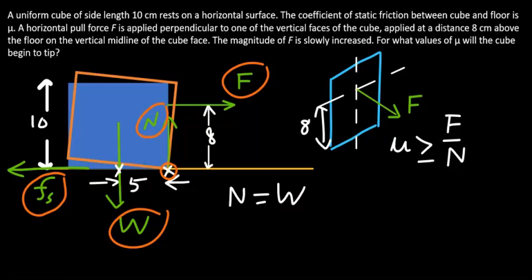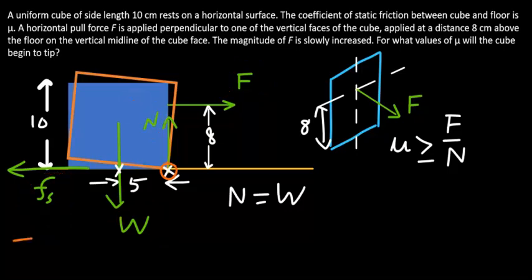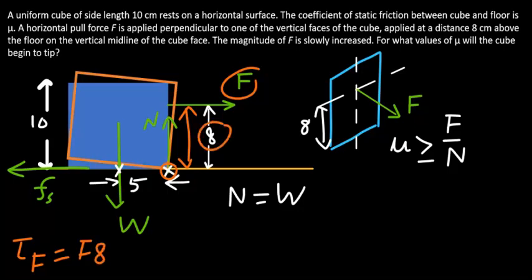That would make the moment arm 0, so the contributions to torque from these two forces are 0 as well. So the torque due to the pulling force F equals force F times the perpendicular distance to the axis of rotation, which in this case is 8.